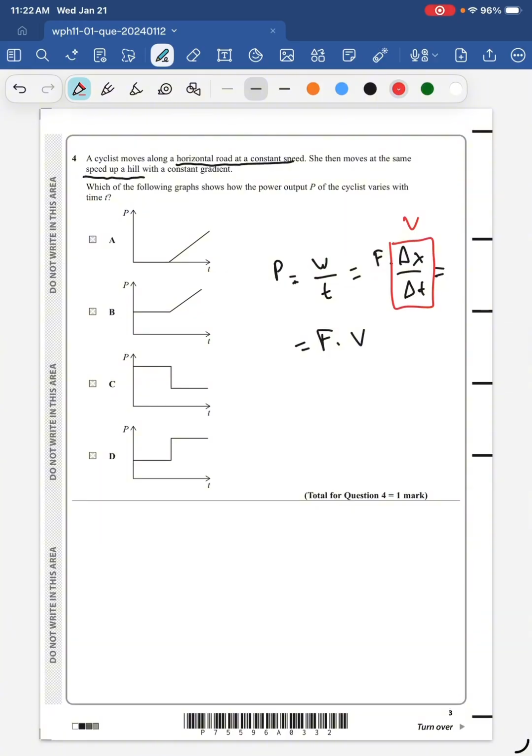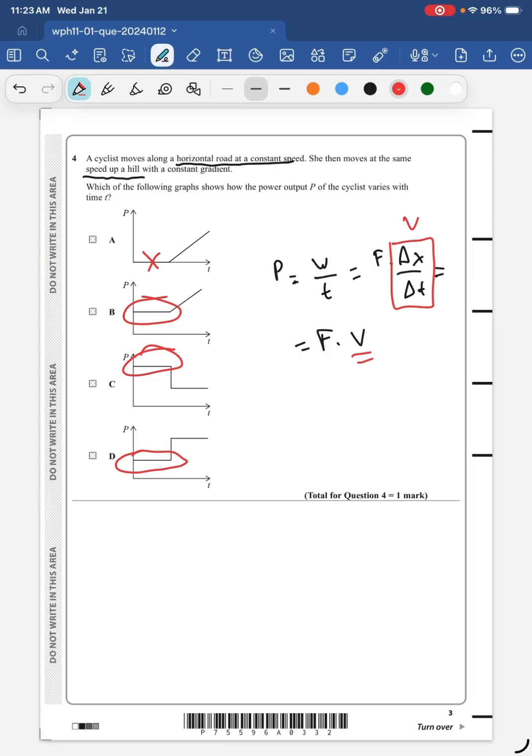I mean, they don't give you this, but since the speed is constant, initially the force is going to be constant, okay? So initially she outputs some power, which is constant. So these three are candidates for the correct solution, because she does have to output some power, right? So option A is wrong because the power cannot be 0, right?